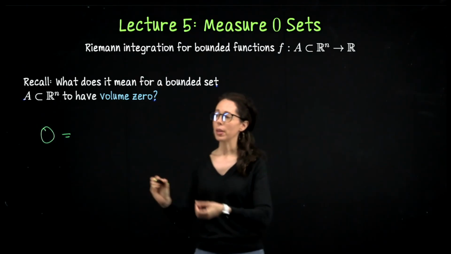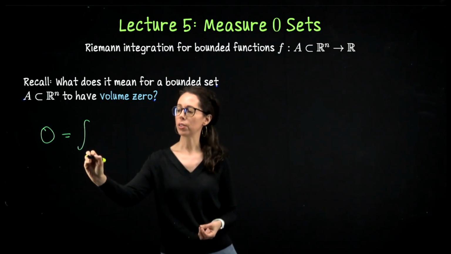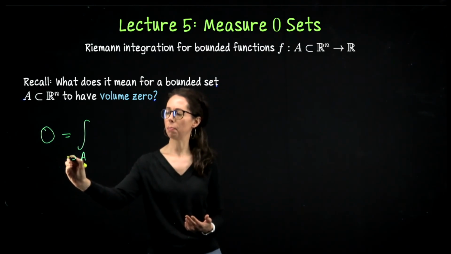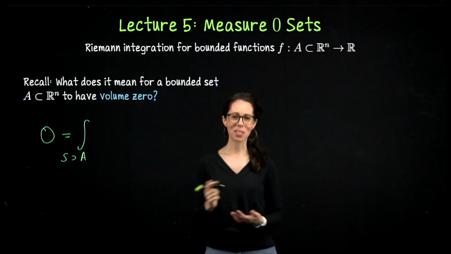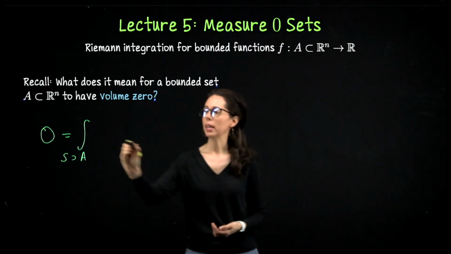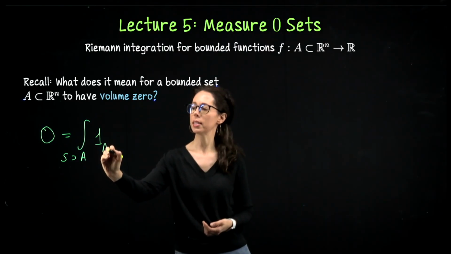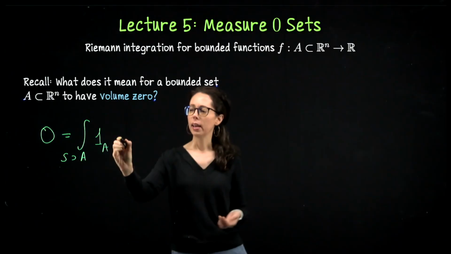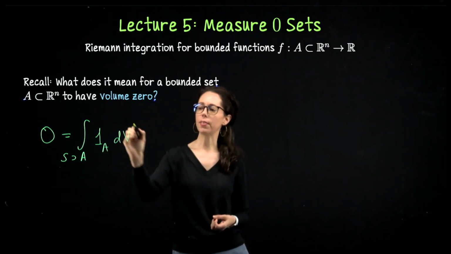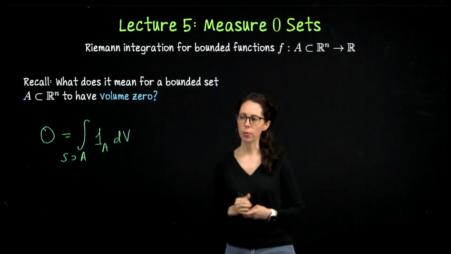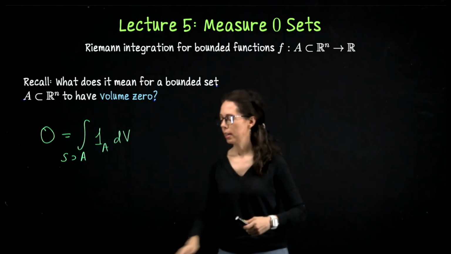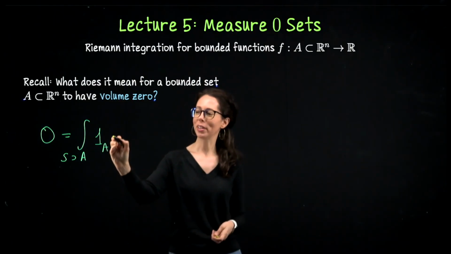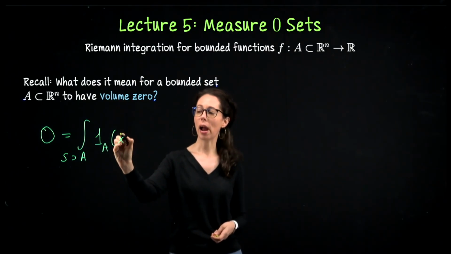This means that zero is what we would get if we took the set A, possibly enclosing it in some nice rectangular domain S as we've done before. And then we integrated the characteristic or indicator function of that set over this enclosing rectangle. And then for the differential here, I'm going to write dV, where if I was looking at a characteristic function with respect to one variable, I would write dx.